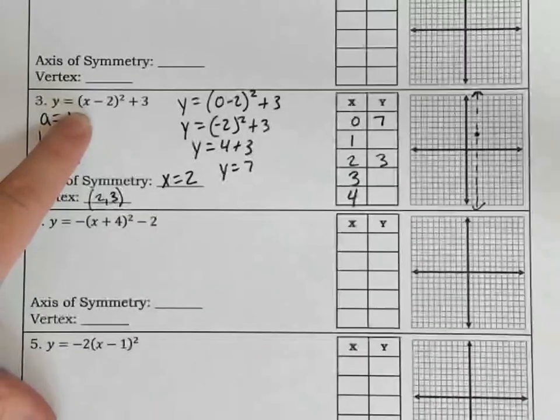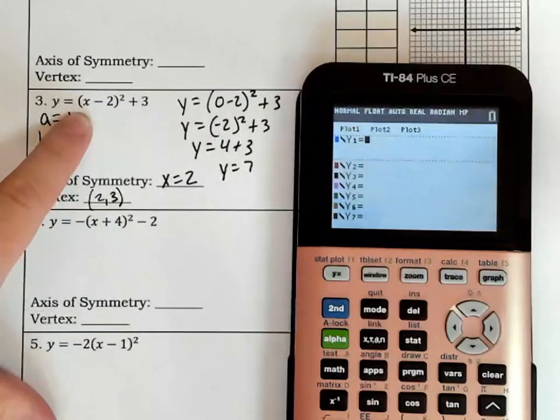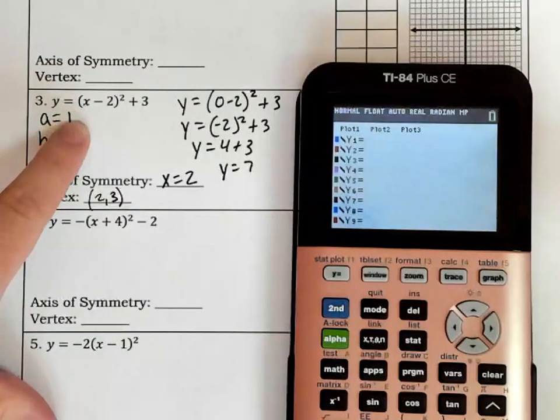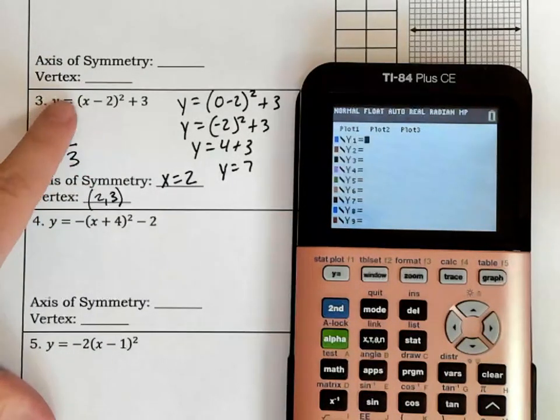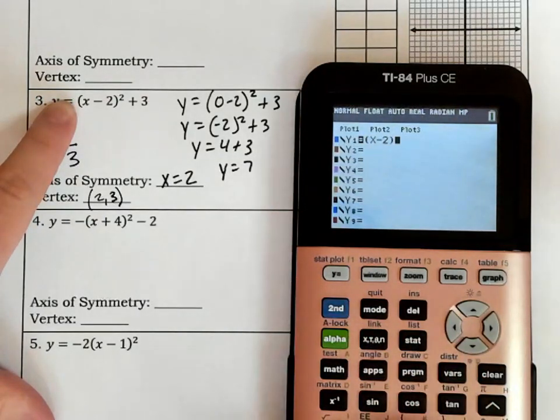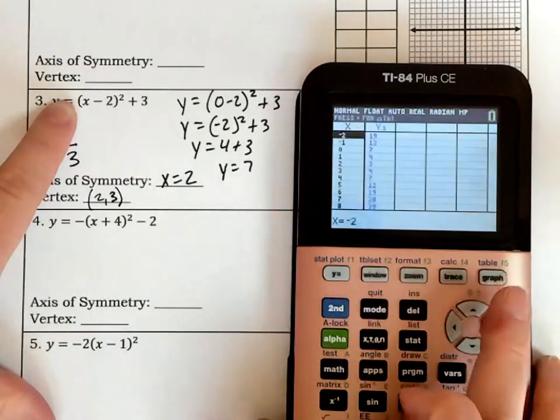The other option is you can go into your calculator. We go to y equals, this button here at the top, and we type in this equation: y is equal to, in parentheses, x minus 2, close the parentheses, squared, plus 3. Then we go to second graph, which is the table button.